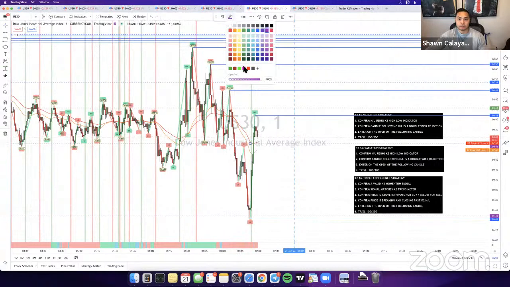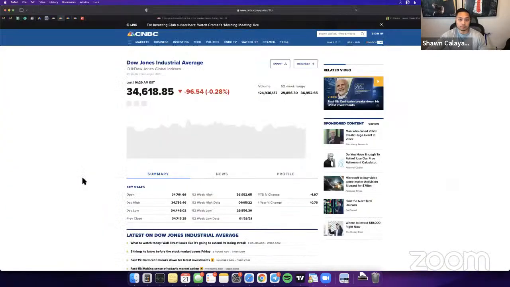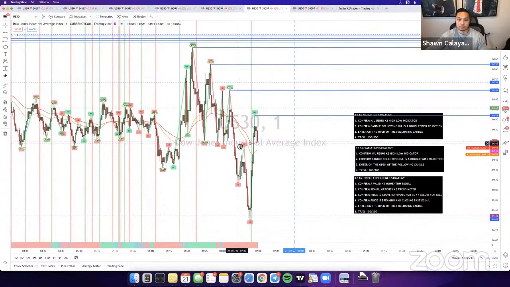If price drops below this point, then I would consider it to be fundamentals less than 100. It's actually less than 100 right now. So this point right here, just so that we know where the fundamentals are sitting.